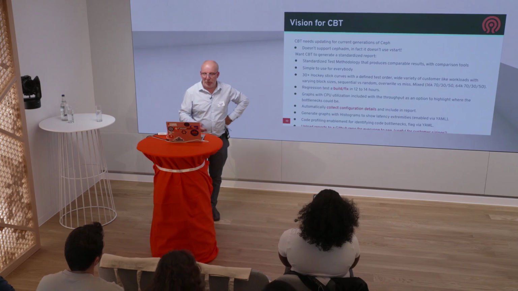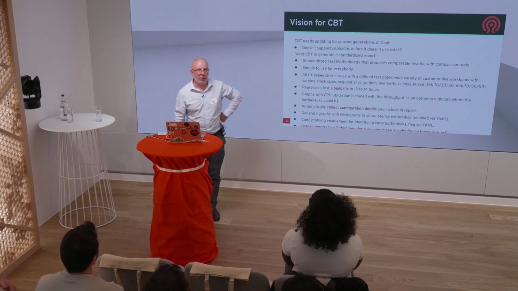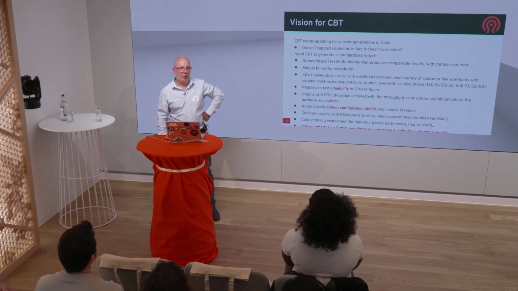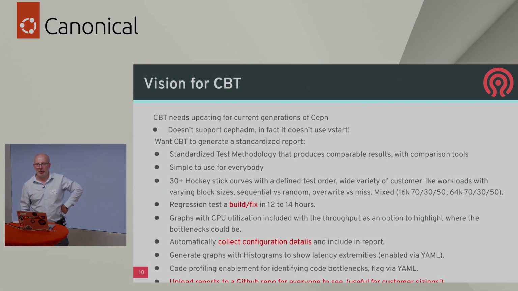Lastly, we want to be able to generate a full performance report which we can then upload to a GitHub repo for the whole community to share performance results so that everyone else can see what the performance is of each other's systems. So that's the vision for CBT, and we'd like everybody to adopt CBT once we've completed all this work.